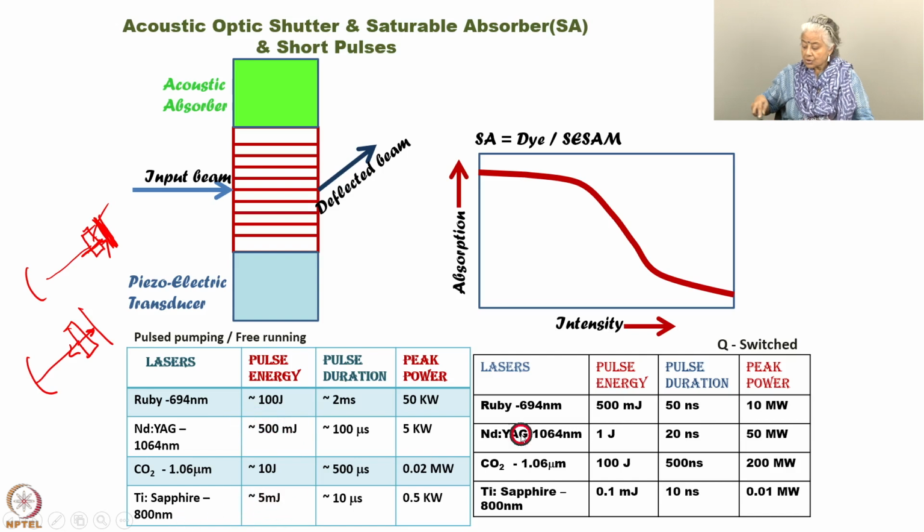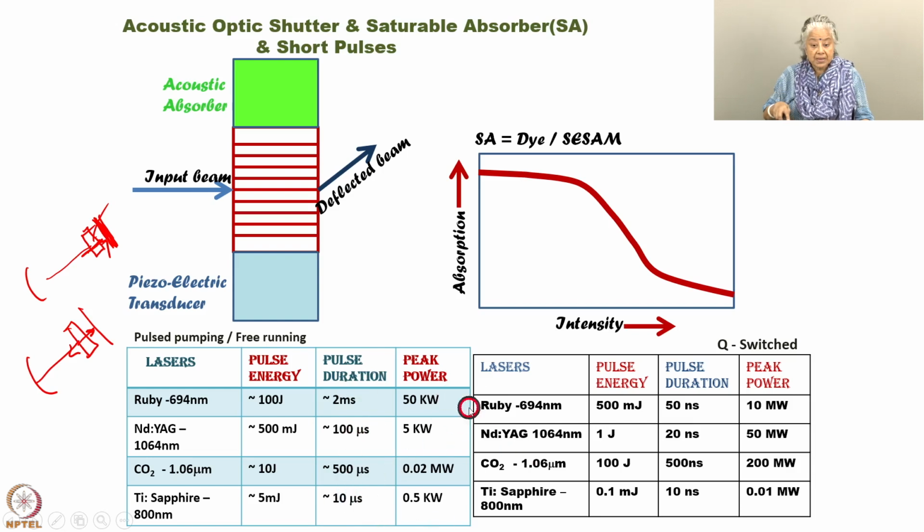So then I have to find out what is the peak power here. This is all not for Q switched. Sorry if I have said Q switched here. This is all for a free running laser where the pumping system is pulsed. This table corresponds to the Q switch. So these are all the energies and the pulse durations that you can get.